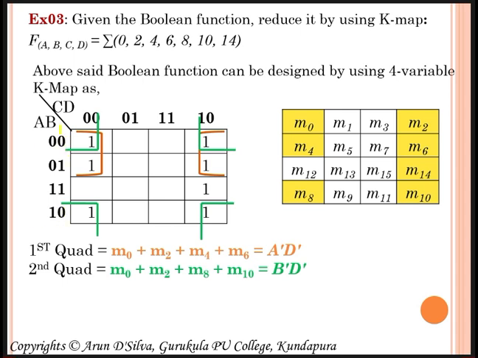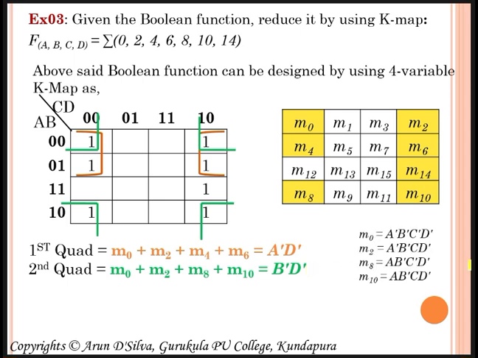So b value remains same, so we have to consider b, but value is 0, so b dash it becomes. Similarly, if you are going for column side, the first column 0 0 is there and the last column 1 0 is there. So that means c value changes here, 0 and 1 comes, but d value 0 itself remains in both the columns. Therefore we have to take only d variable, and d we are complementing because value is 0.